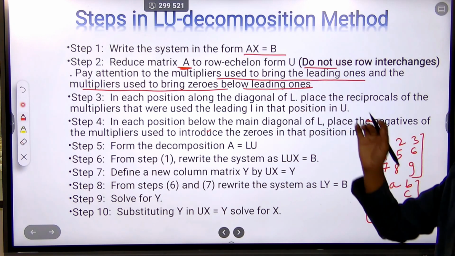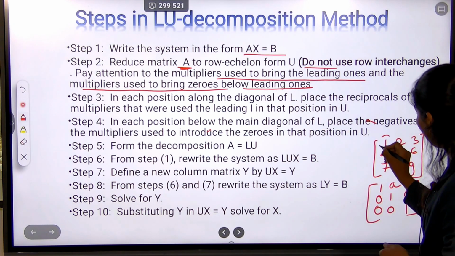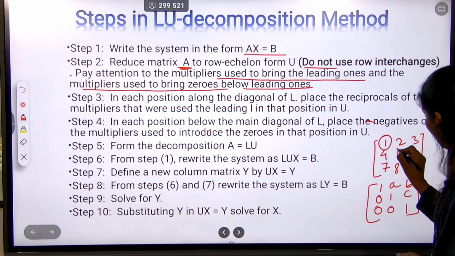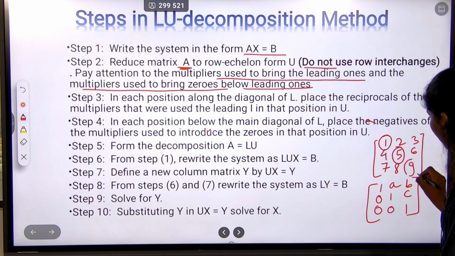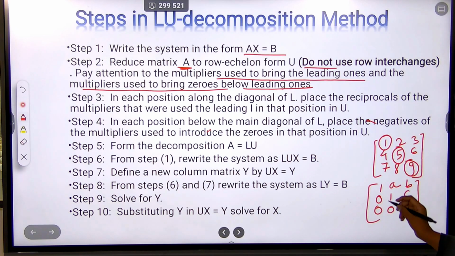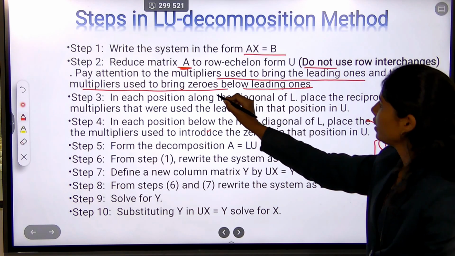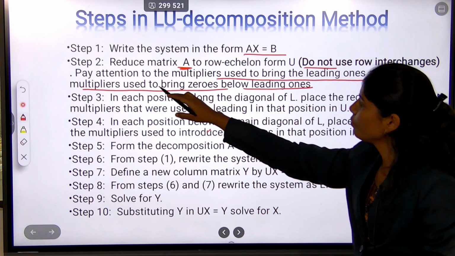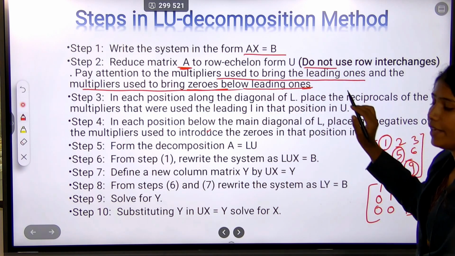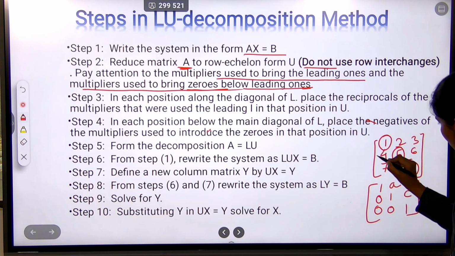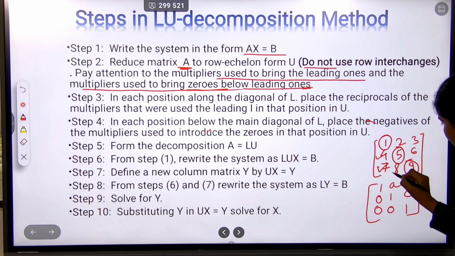So we have to focus on the multipliers used to make this a 1, this a 1 and the third leading entry also 1. And also we focus on the multipliers used to bring zeros below the leading 1.